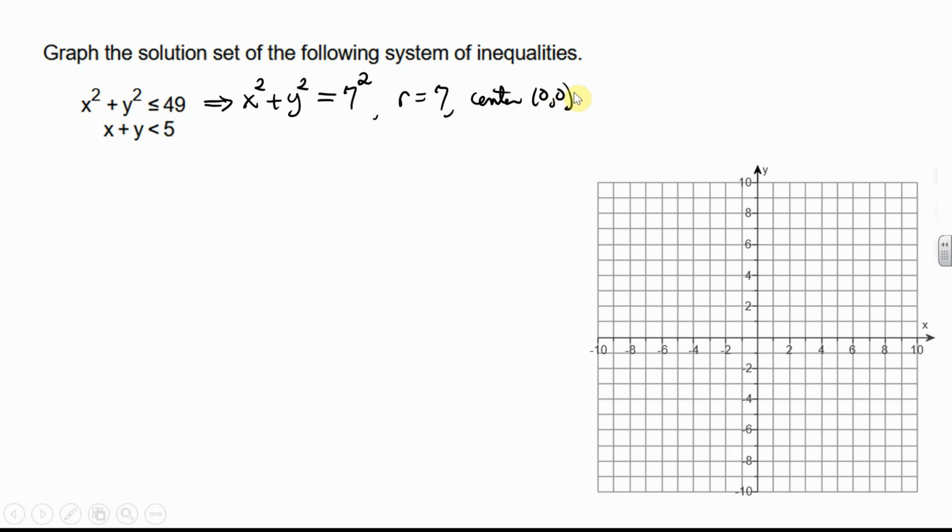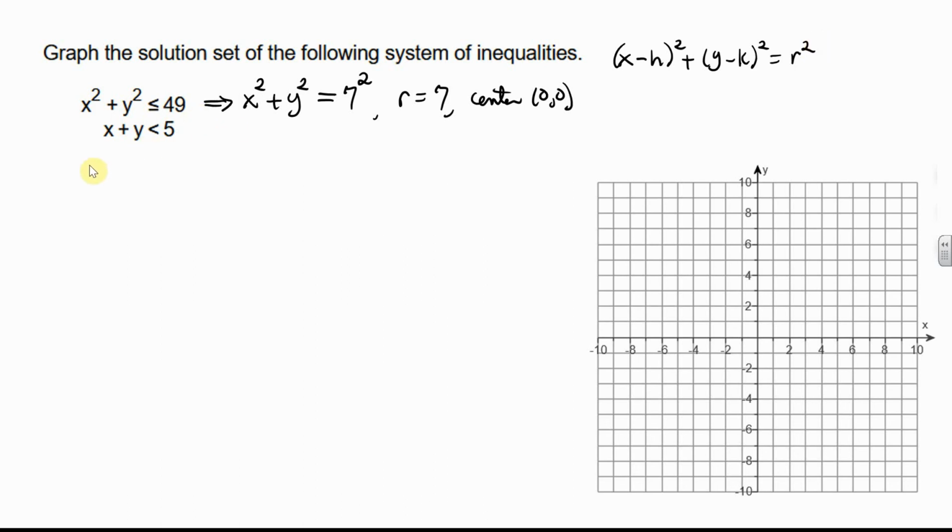Right? You remember the formula for the circle is x minus h squared plus y minus k squared is equal to r squared. Well, h and k are 0, so that's why we just have x squared plus y squared equal here to 49.